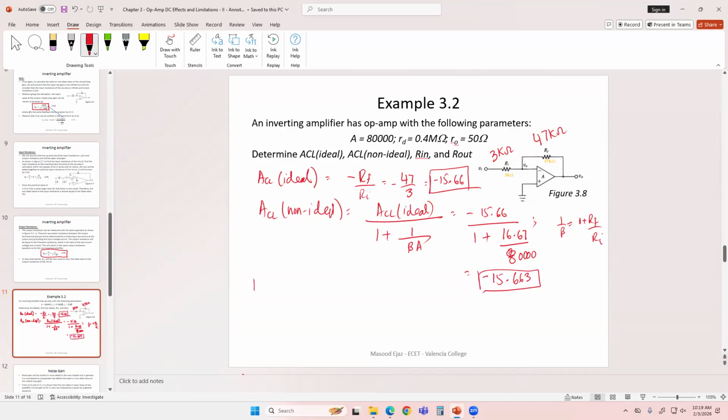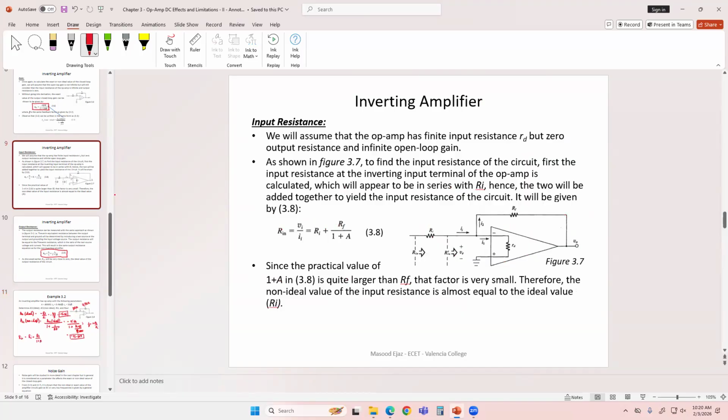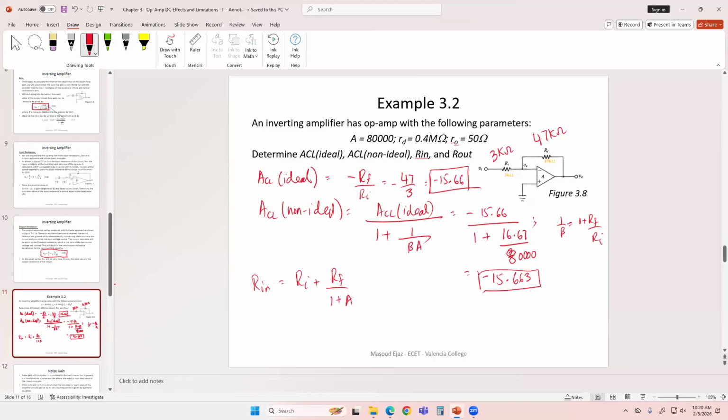And again, when you calculate the input and output resistance, they're going to be the same as well. Input resistance is R input plus RF over 1 plus A. R input is given as 3K, so 3,000 plus RF, which is given as 47,000, over 80,000.